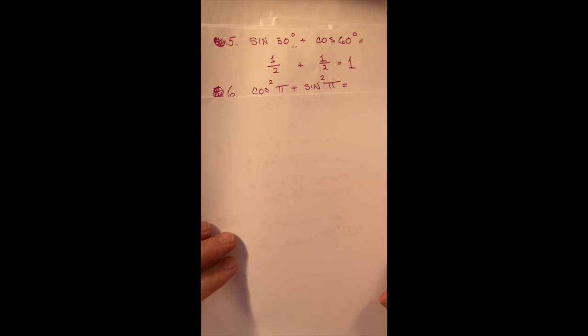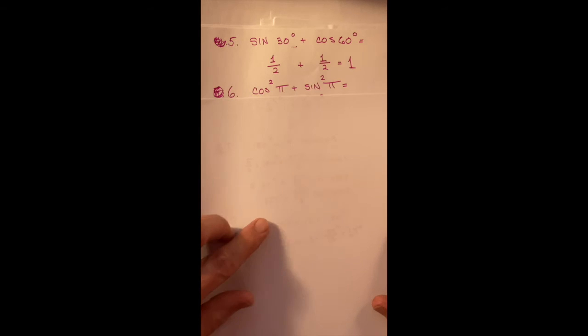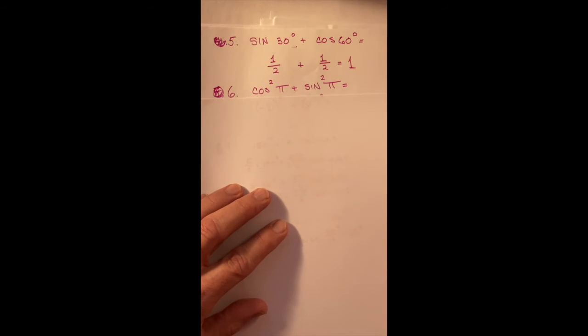Next question, cosine squared of pi plus sine squared of pi. Now, we're going to learn later, and actually pretty soon, that anytime you have the cosine of something squared and you add it to the sine of the same thing squared, that's always going to equal 1.